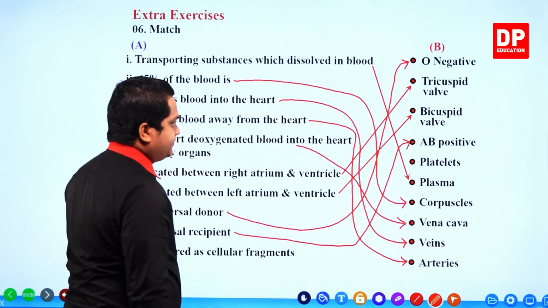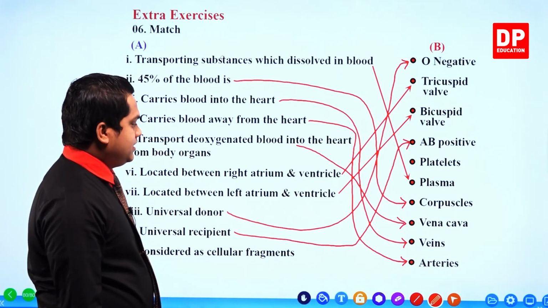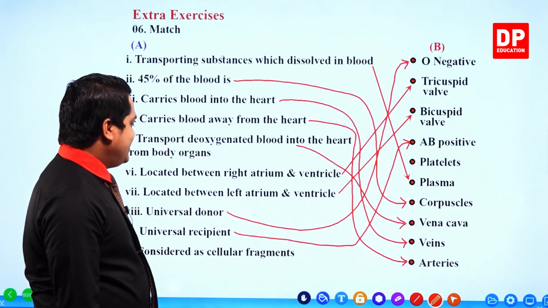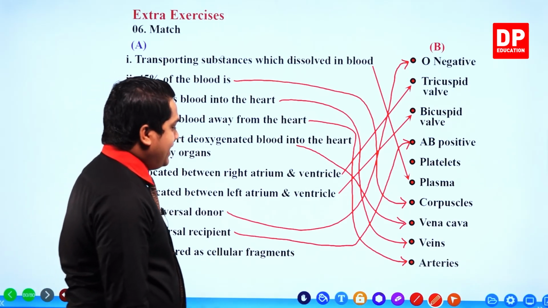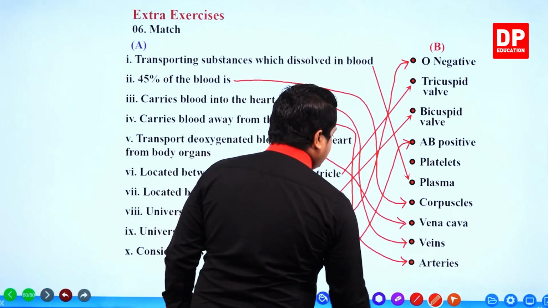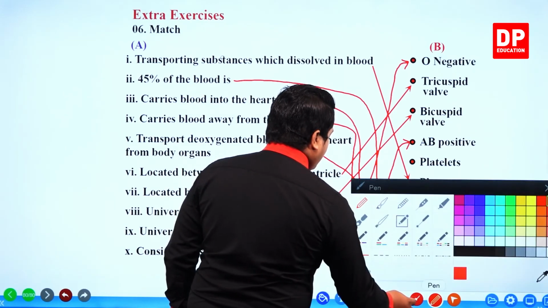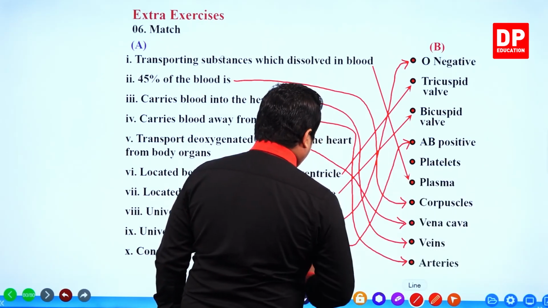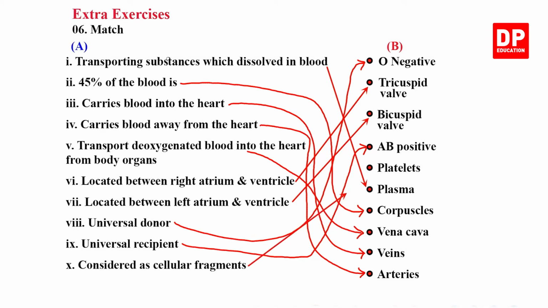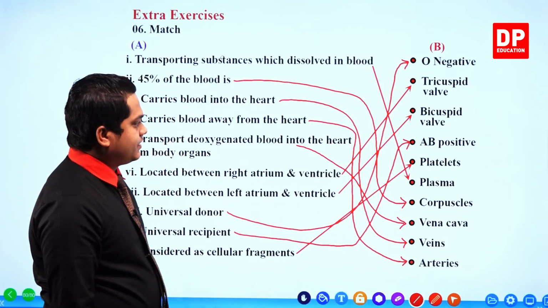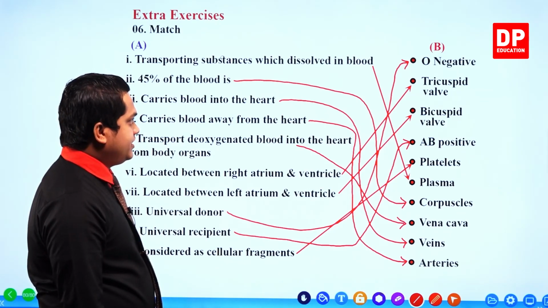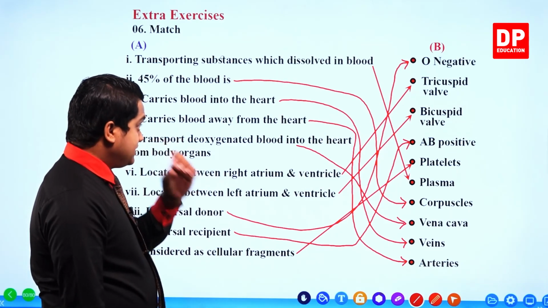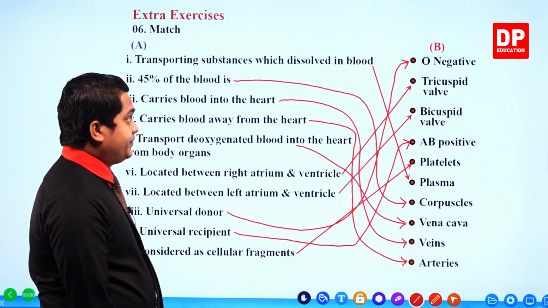Then considered as cellular fragments. So platelets are the ones which are considered as cellular fragments. Platelets. So my dear children, these are the answers for the matching process.